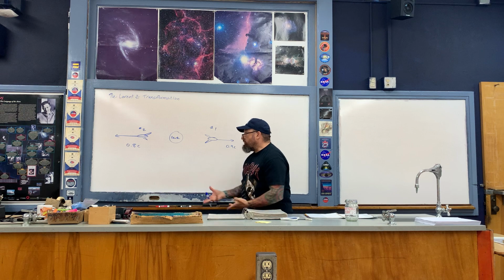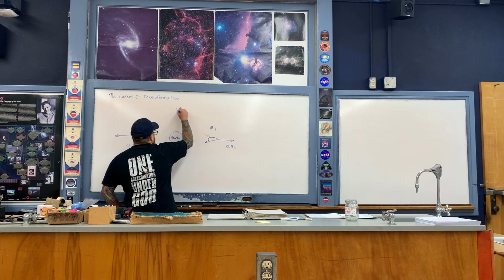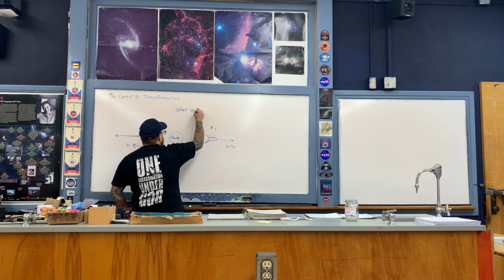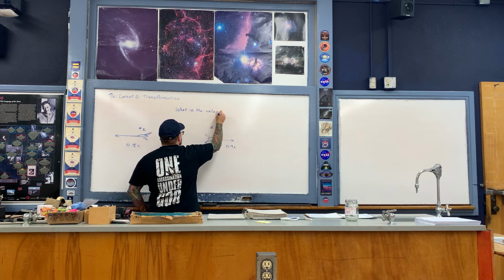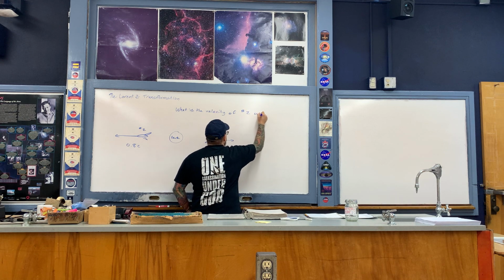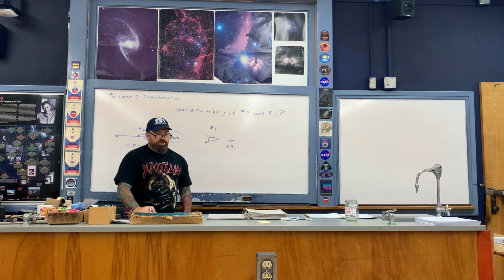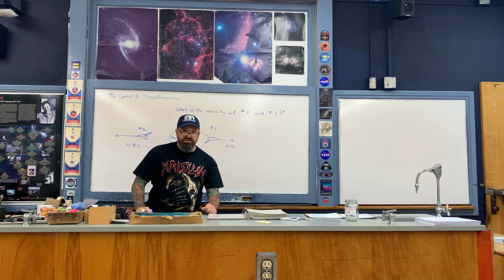So if I draw the diagram like that, I'm basically asking the following question: what is the velocity of number 2 with respect to number 1? So how you define things in the problem determines what the answer is going to look like.